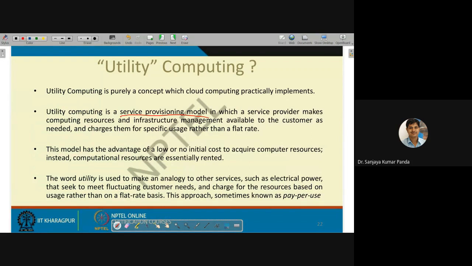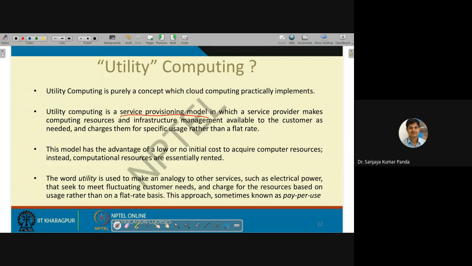As the user is requesting and getting the services from the provider, users are charged for that. They are charged for the specific usage, or they are charged at a flat rate. Like the internet provider case. Suppose we have subscribed to a particular provider for internet service at our home.